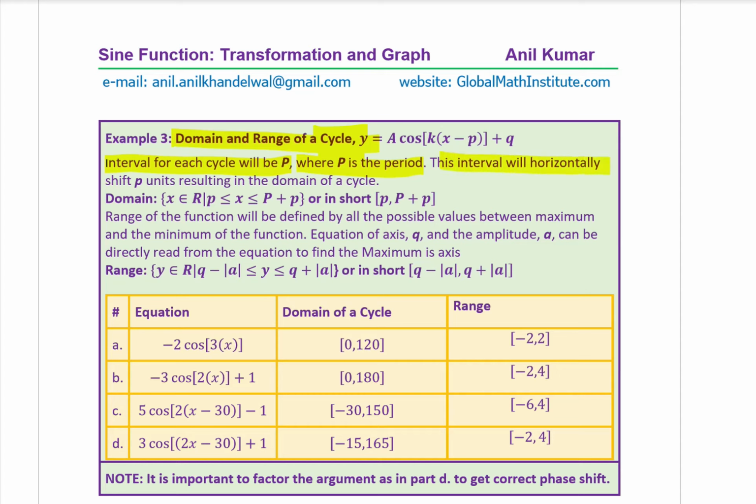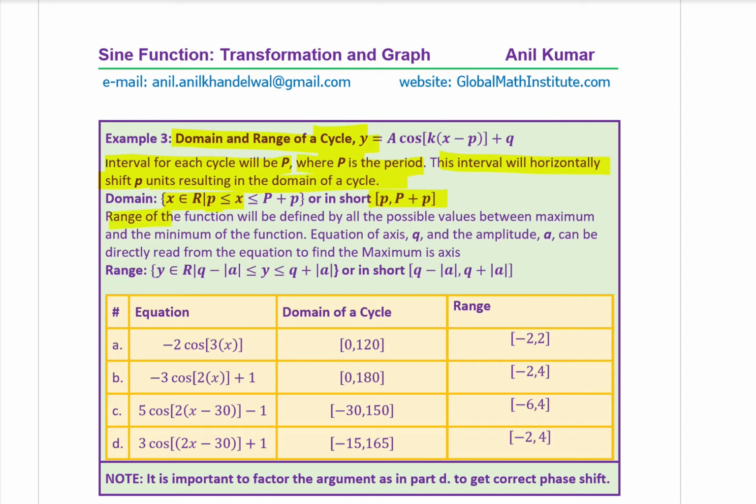This interval will horizontally shift by the phase shift, resulting in the domain of the cycle. Therefore, the domain is from the phase shift to the phase shift plus the period. So in short, we can write this as the phase shift to the period plus the phase shift.